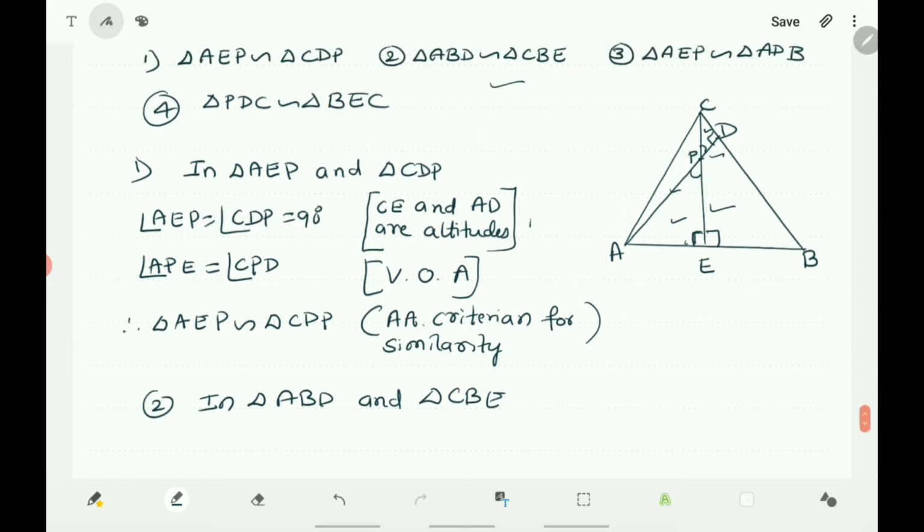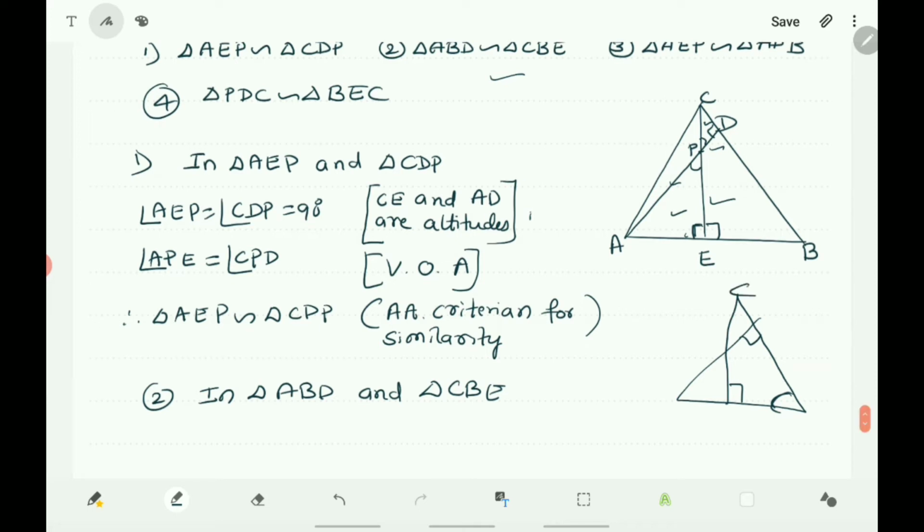So you know that the triangles are like this way, and here these two are 90 degrees and one common angle is there. This is the point C, this is the point A, this is the point E, B. This is the point D, triangles are ABD and triangle CBE.